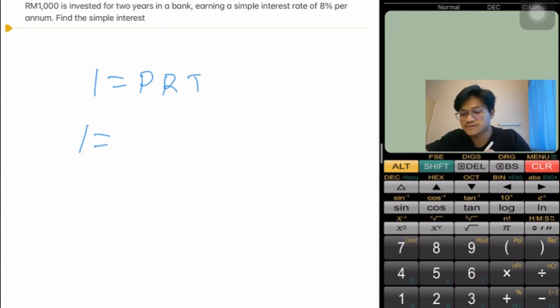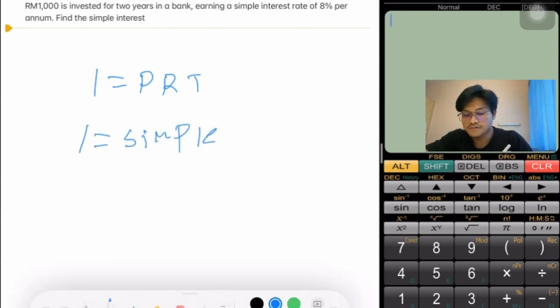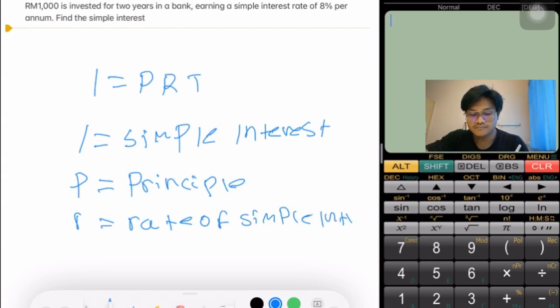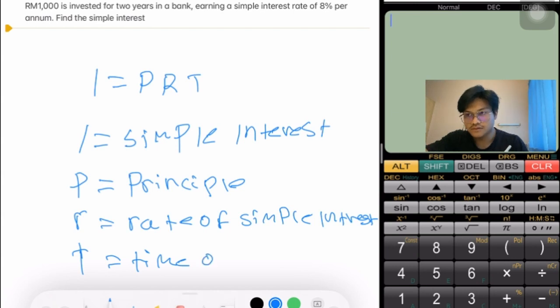I is the simple interest, P is the principal, R is the rate of the simple interest, and T is the time or term in years.